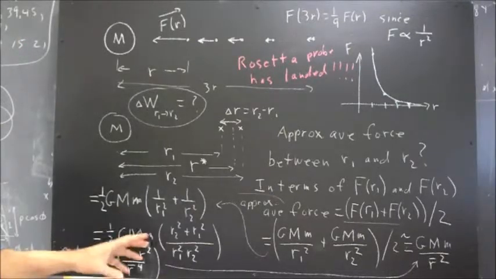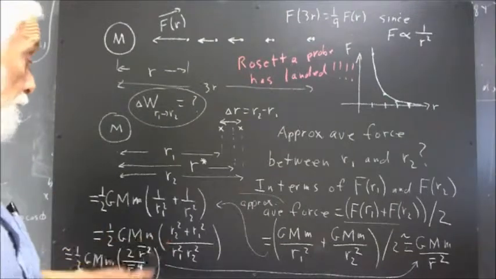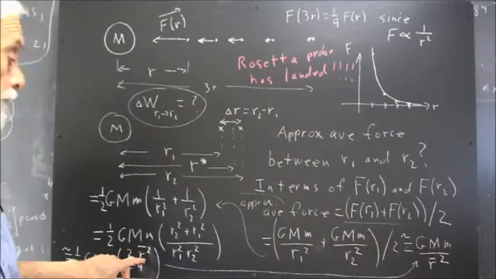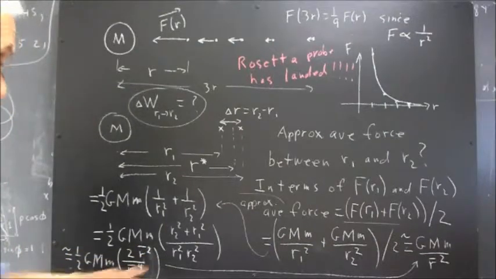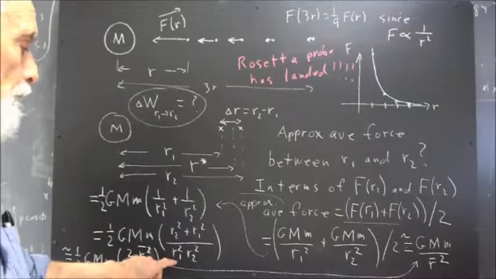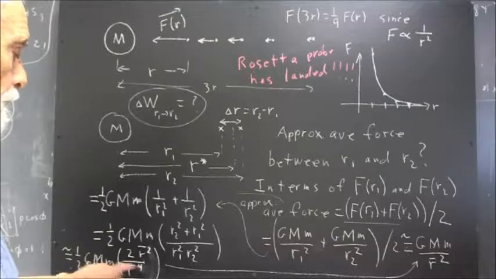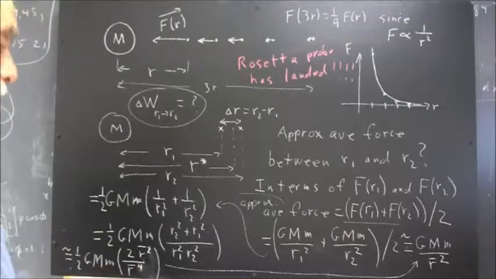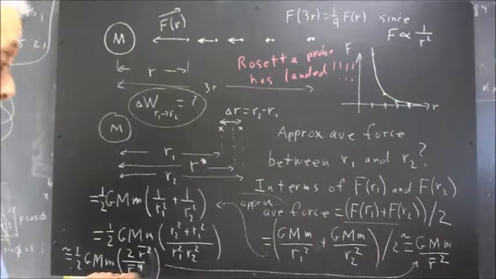And then, since R1 and R2 don't differ by all that much, I'm going to say that's equal to 2 times the average value of R squared. And in the denominator, I'm just going to replace R1 squared times R2 squared with R bar to the 4th power, approximating both R1 and R2 as R bar.